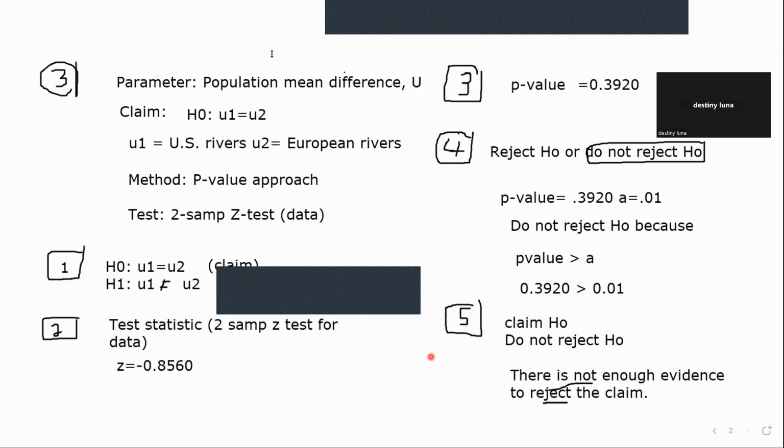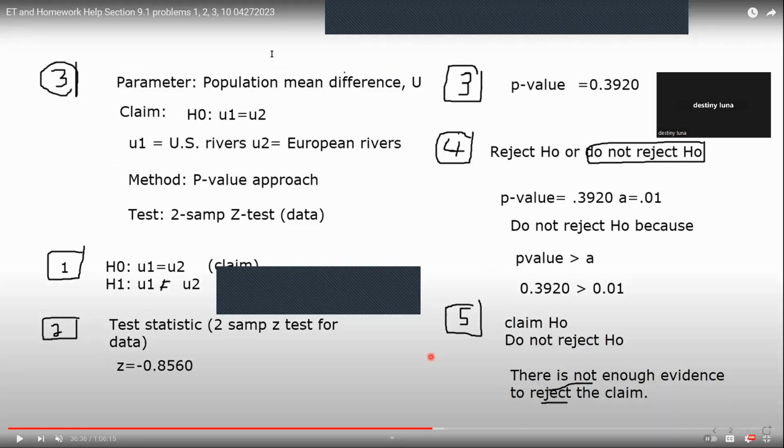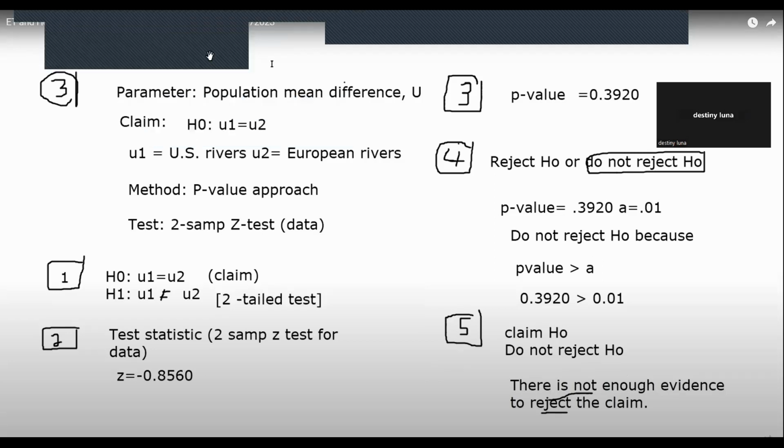And I'm also reminding you to underline appropriately. So here's your hypothesis test for number 3, okay? With the 5 steps listed. So your hypothesis test for number 3 should look like this.